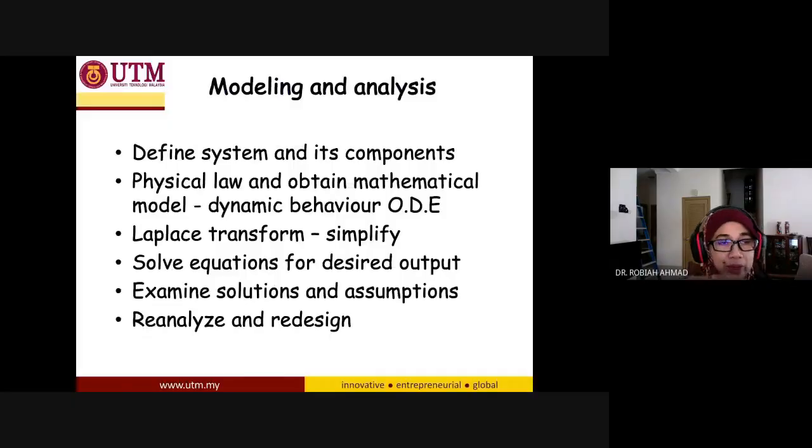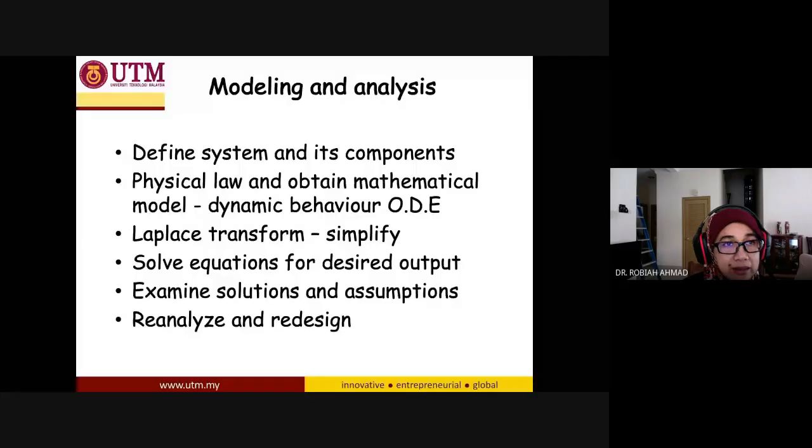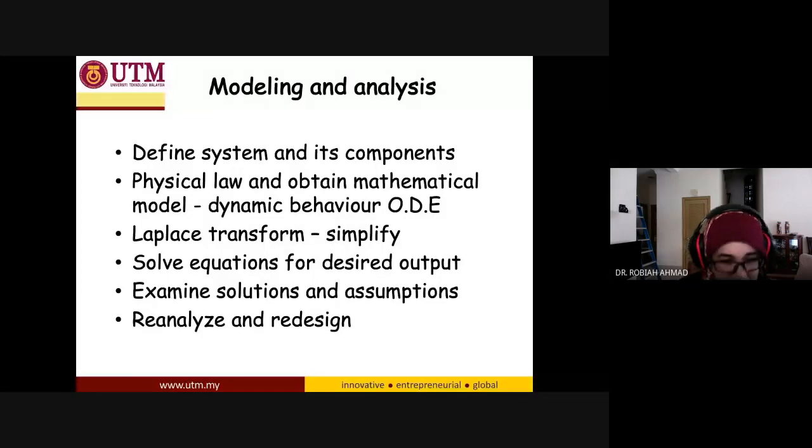Usually, for example, in your case as electrical engineering students, the most common system that you will be analyzing is the RLC circuit, either parallel or series, with these components.